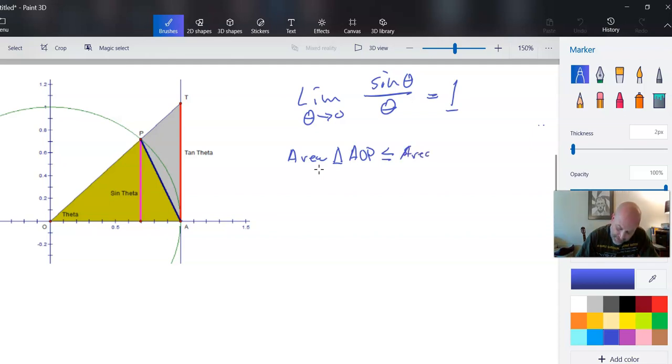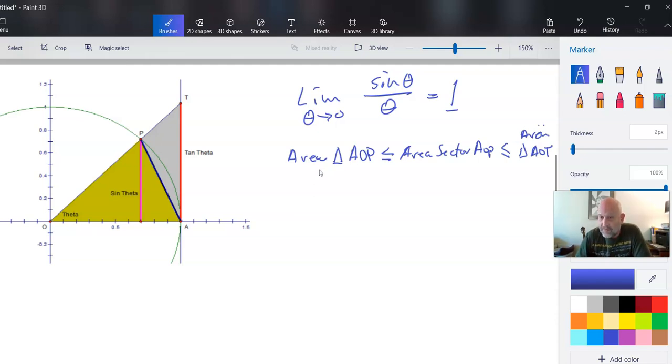It's the area of sector AOP. And then the last one is this triangle, AOT. Okay, so those are the three things that we're going to be looking for. So let's go ahead and compute the areas of each of these things one at a time.